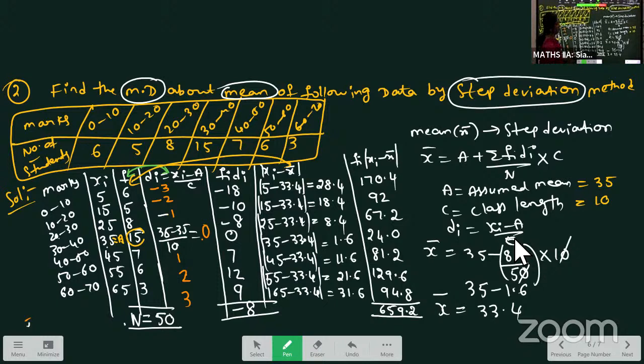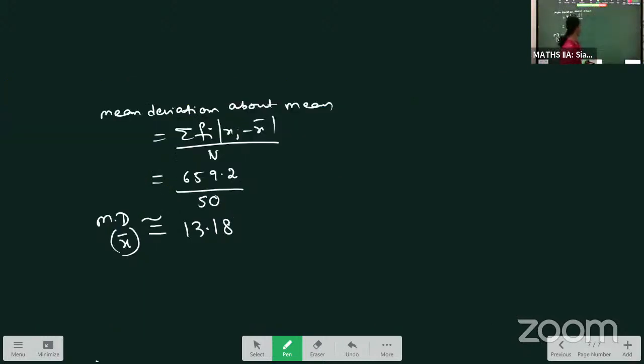After getting 33.4, we want to find the mean deviation. So for mean deviation, we want Xi minus X bar. Make the column, then Fi into Xi minus X bar. Altogether we get 659.2 by 50, which is approximately 13.18. It is a simple question: if we remember the formulas and do the calculations correctly, we will get full marks here.